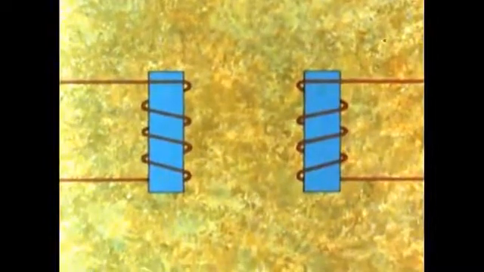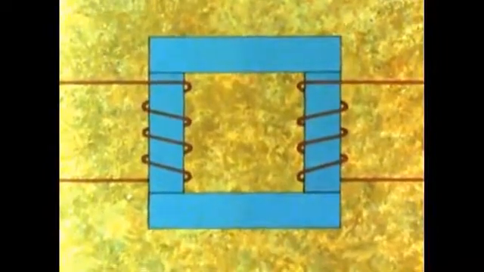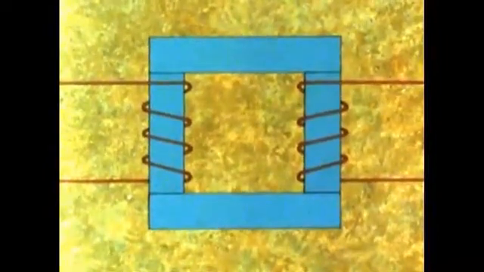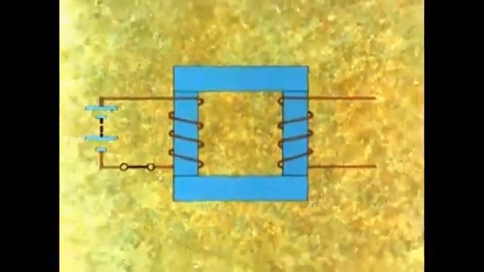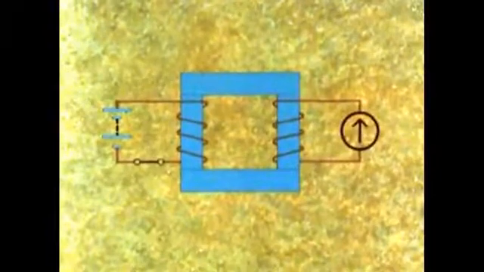And now we'll do another experiment. We'll take two inductors and space them apart in a square iron yoke like this. To the left-hand coil, we will connect a switch and battery, and to the other one, we'll connect a current measuring instrument.